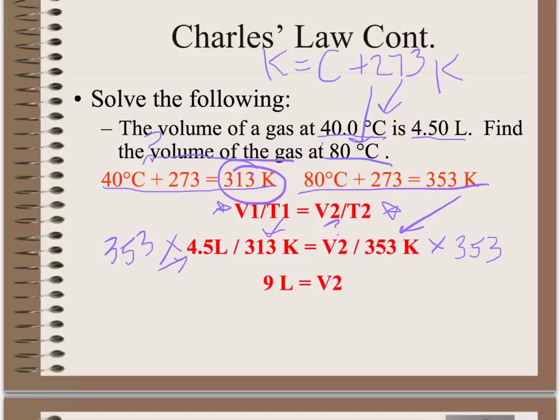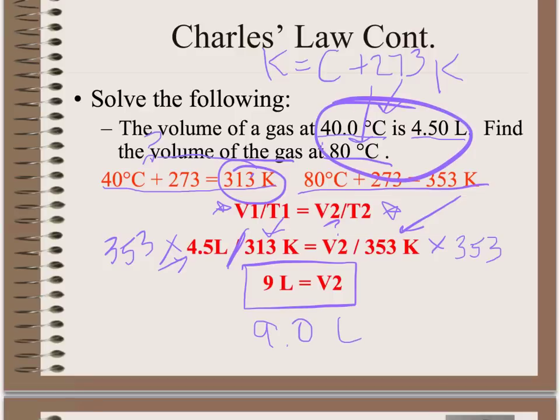So we would have 353 times 4.5 divided by 313, and we get approximately 9 liters. And we should go ahead and round that to write it as 9.0 so that we keep our sig figs in line.